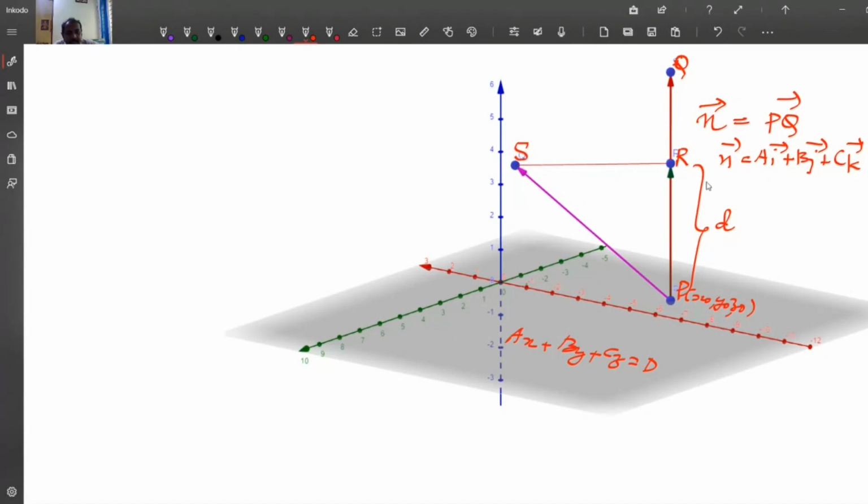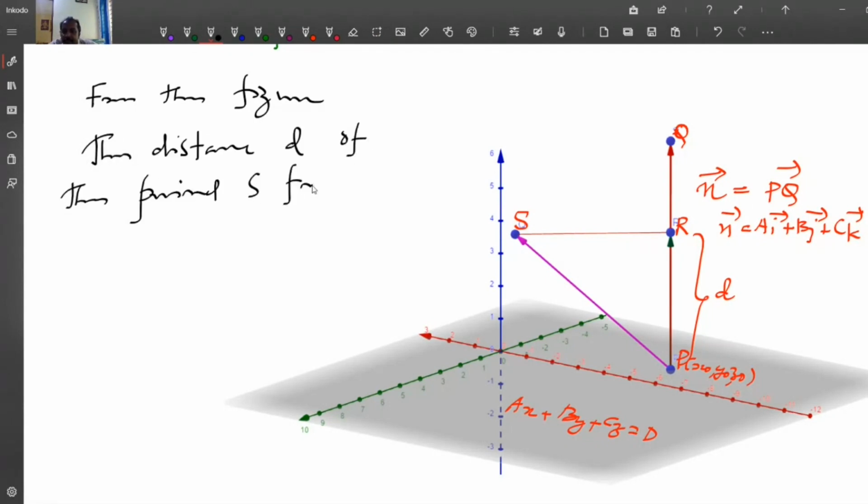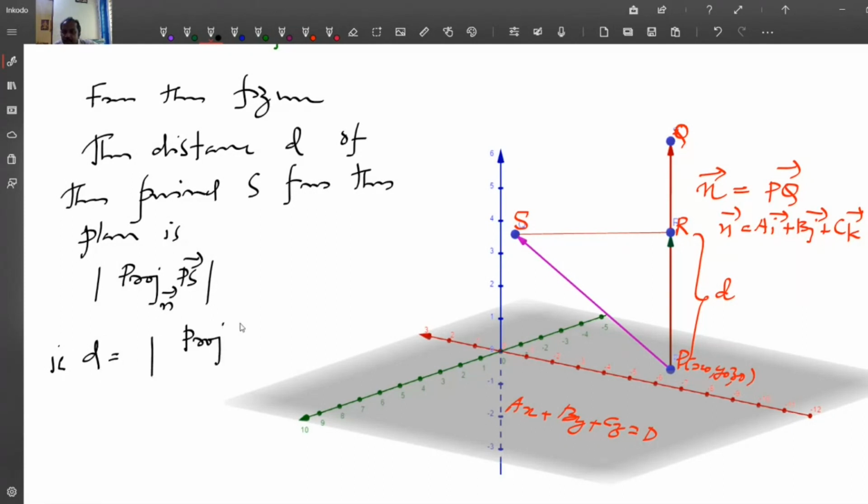It is nothing but this distance RP, and you know that it is actually the projection of the vector PS onto the normal. So from the figure, the distance d of the point S from the plane is the modulus of the projection of PS on n, that is d equals modulus of projection of PS on n.